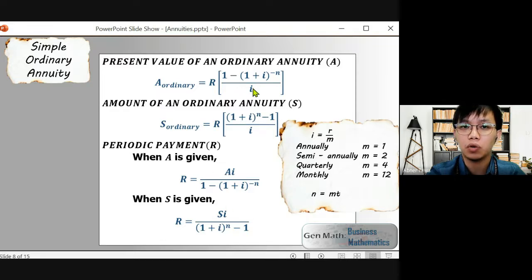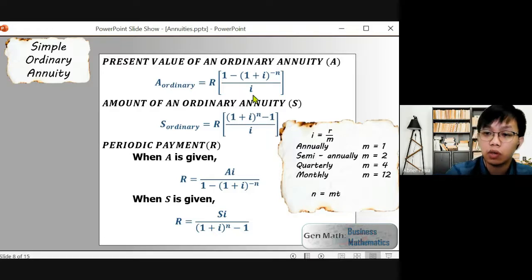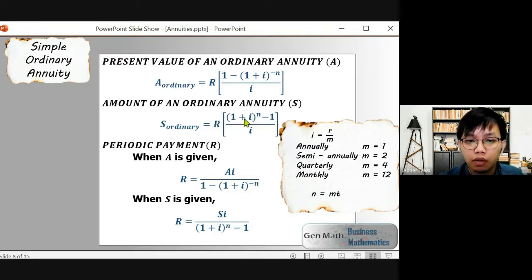And pag marami yung payment, it takes us longer time to solve for the amount of the annuity. So we have here the derived formula para mas mabilis natin masagot kung ano man yung question ng given problem. But of course, you can use the longer solution if you want to. Pero para mas convenient, we can use the given formula here.